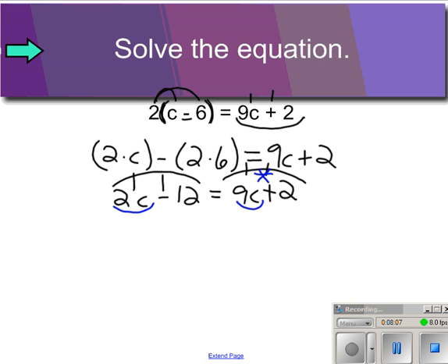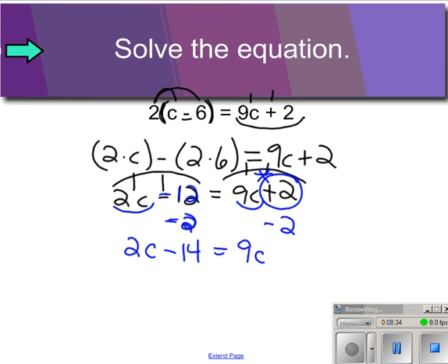So the first thing I'm going to do is get rid of my constant. And I have a plus 2, so I'm going to subtract 2 from both sides. That will leave this side with a 9c. Now here is the issue that we had last time. I have negative 12 minus 2. Negative plus a negative, remember, makes it a larger negative. So I'm going to have negative 14 and 2c.